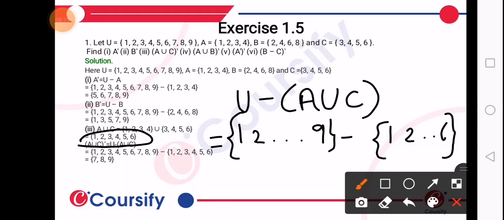If I reduce this from this, I will get 7, 8, and 9, which is correctly given in the solutions.